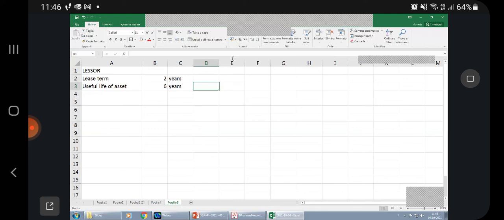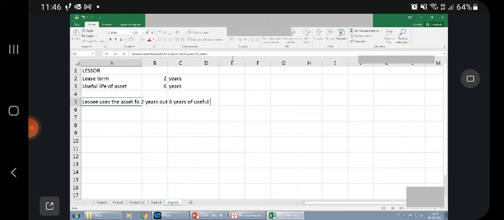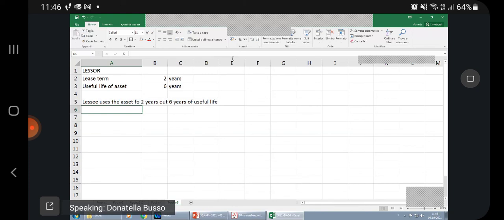The lessee uses the asset for 2 years out of 6 years of useful life. So, for 2 years, the rewards due to the use go to the lessee, who is using the asset.